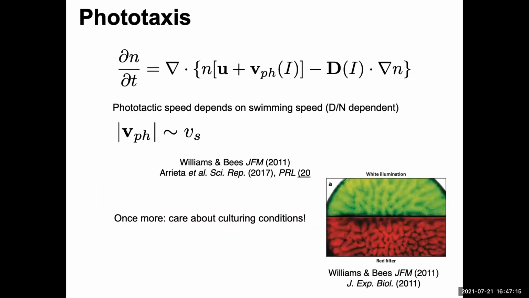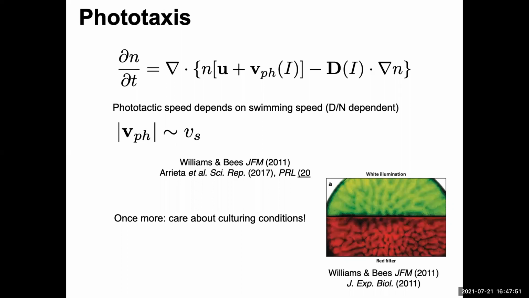And then another example where the speed might matter is Phototaxis. So here we have a similar model to before, but now we have a phototactic velocity, which depends on the intensity of the light, and also diffusivity, which depends on the intensity of the light. And in models that have been proposed of Phototaxis, the magnitude of the phototactic velocity scales like the swimming speed.